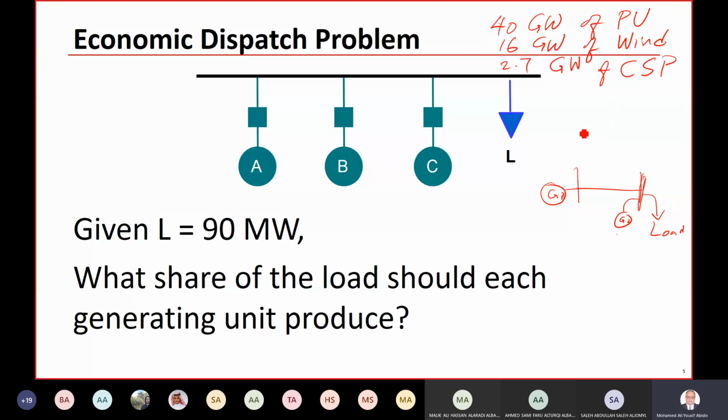And also we have what we call the microgrid. In microgrids, you have maybe PV, wind, CSP and some diesel generator very near to the load, so they supply the load economically with renewable energy.